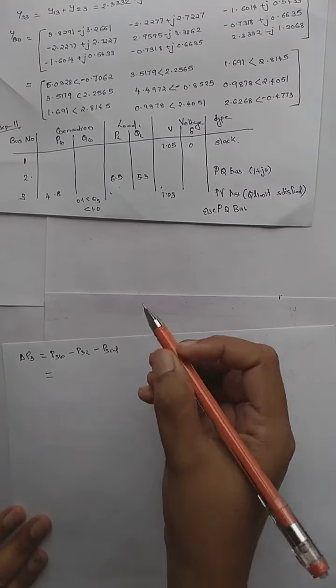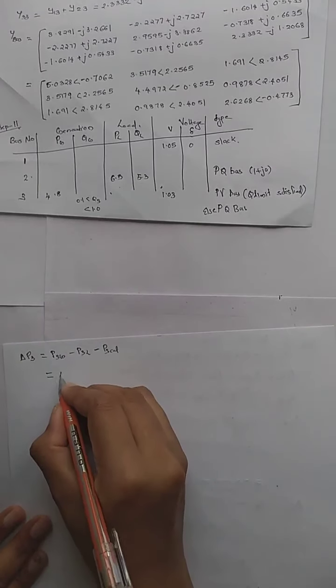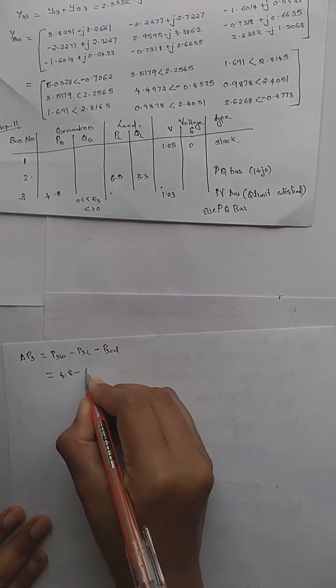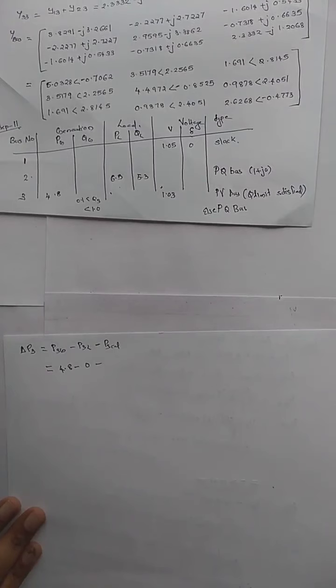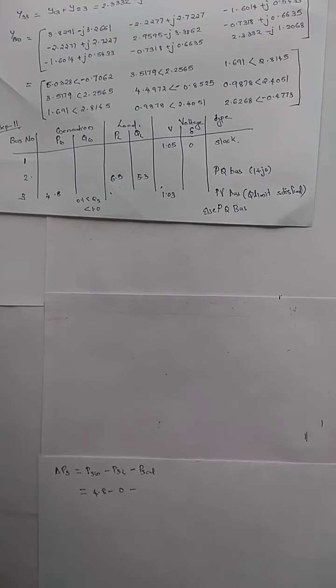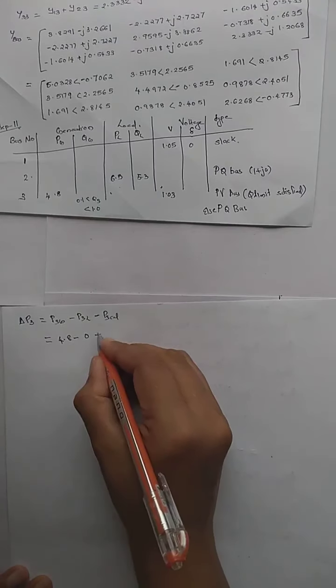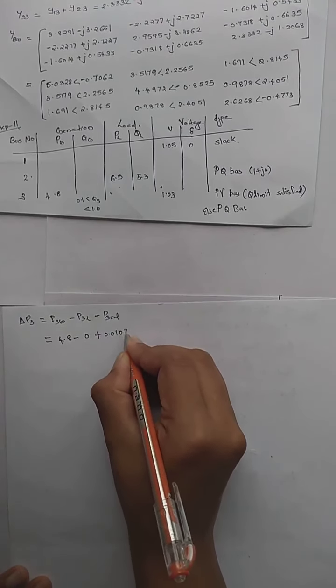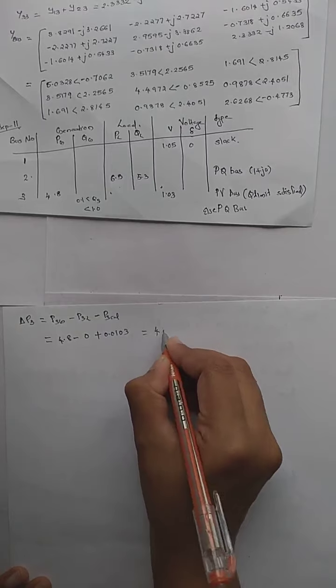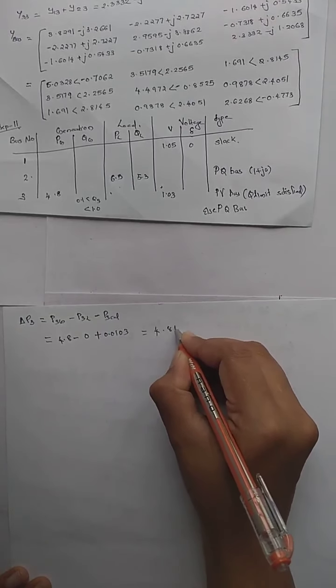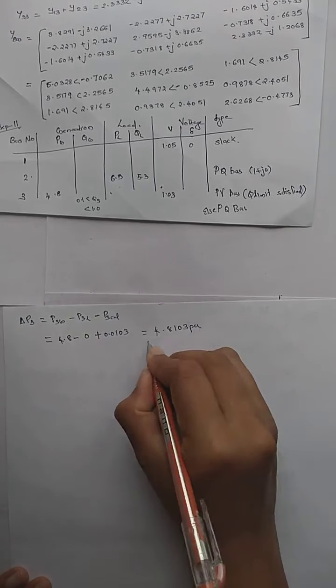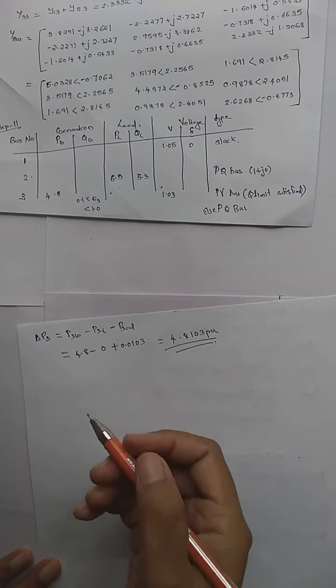That is equal to P3 generated, 4.8, minus 0 minus our value, which was minus 0.0103. So our value is plus 0.0103, that is 4.8103 per unit. This is the equation for our delta P3.